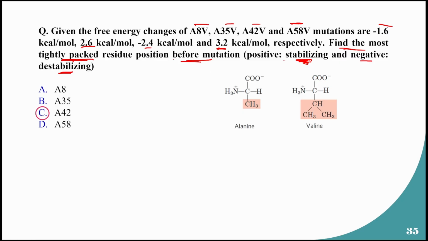Okay, so since destabilization is indicated via a negative term, your most negative value, which is minus 2.4 kcal per mole, corresponding to alanine 42 to valine, will indicate the position of the alanine that had the most tight packing. So in this case, it will be the A42 position, because if you change A42 to valine, it causes the most destabilization. So that sort of logic is occurring.